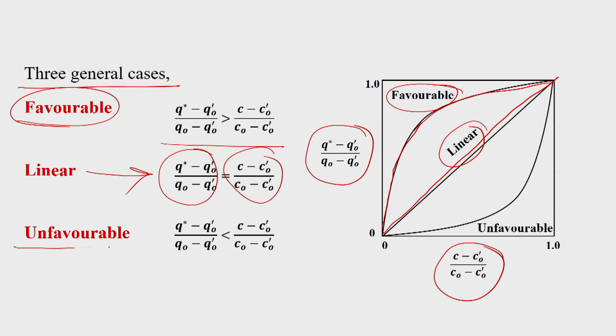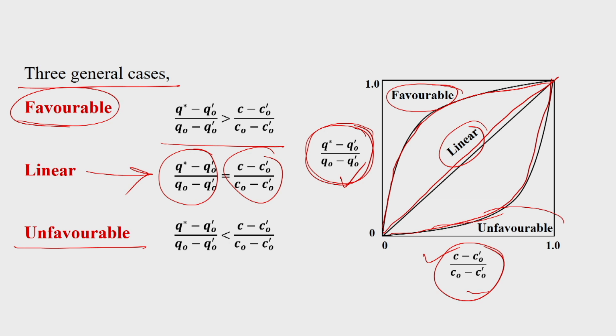But whenever we say unfavorable condition, the y component is increasing very slowly, while the x component, C minus C o prime by C o minus C o prime, is increasing very rapidly, whereas q star minus q o prime by q o minus q o prime is increasing very slowly.